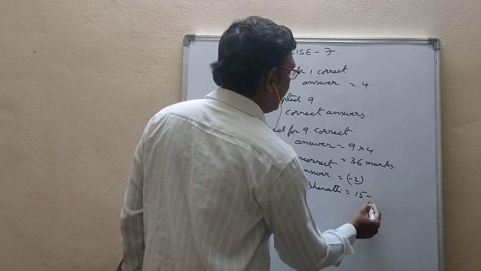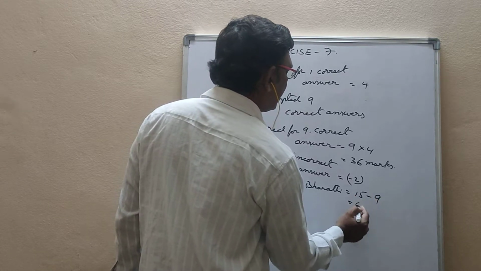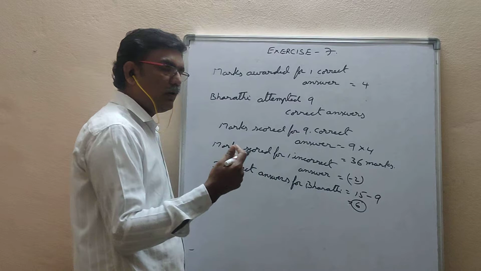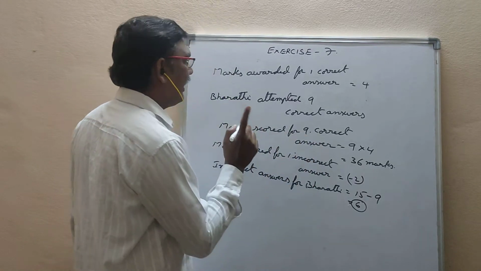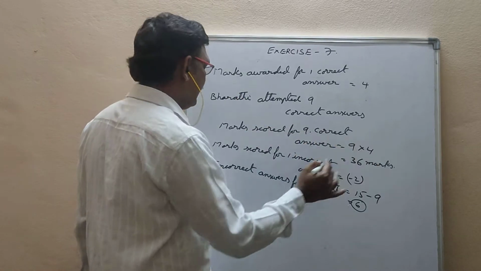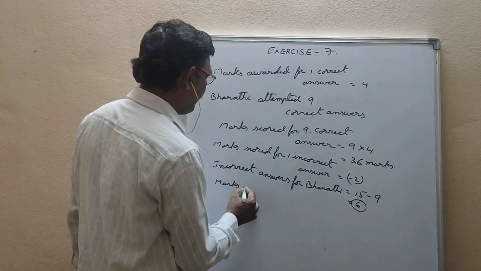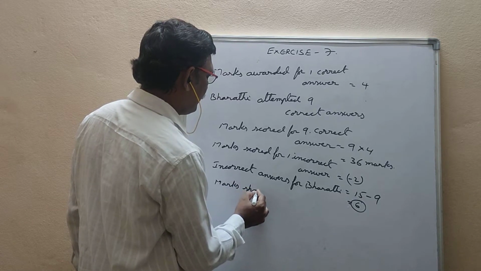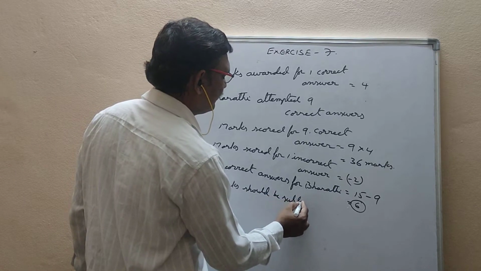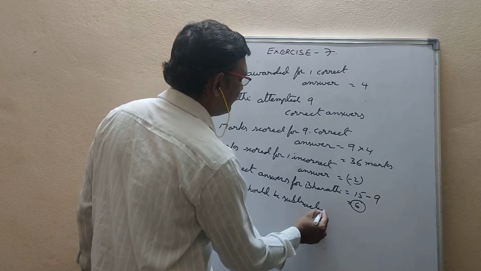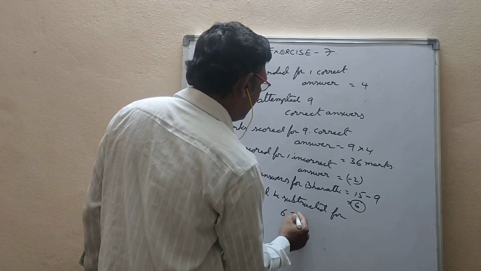So total is 15. 9 are correct. 15 minus 9 means how many? 6. 6 questions are incorrect questions. Okay. So for one incorrect answer, 2 marks will be lost. Marks should be subtracted for 6 incorrect answers.